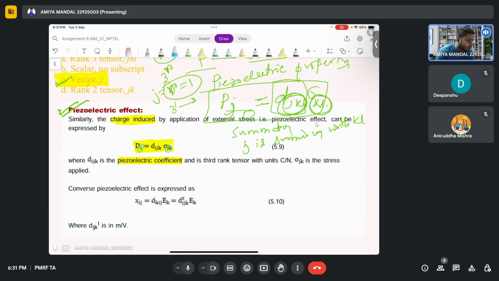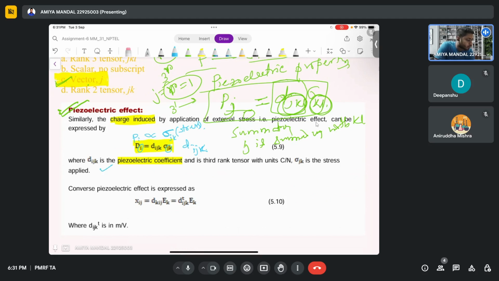We are applying external stress, so polarization is generated due to this stress sigma. The rank of P is i and the rank of sigma is jk. The proportionality constant d has rank ijk, the summation, as we have already told you.